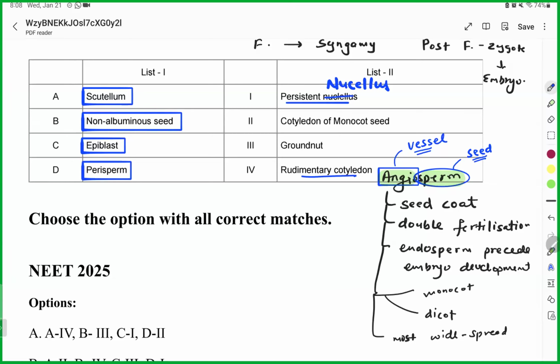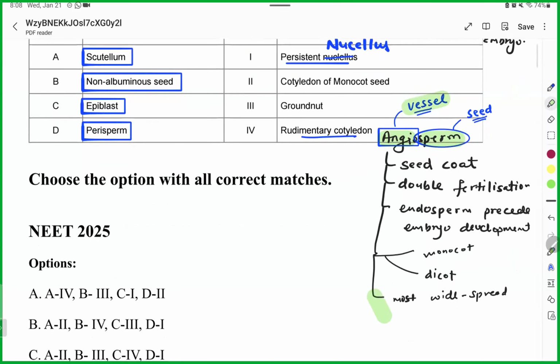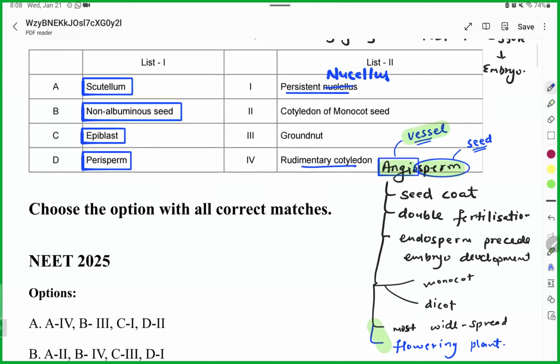Make sense, guys? So one of the characteristic features of angiosperm is that they have vessels. And lastly, angiosperm is also known as flowering plant. Flower is the feature of angiosperm only. Right? So this is the basic key. We are talking about this chapter, angiosperm. We should know what angiosperms are and their characteristic features.